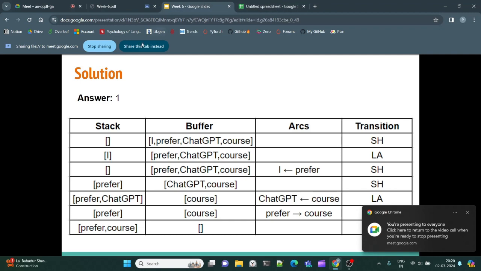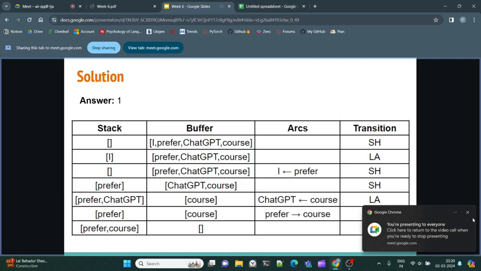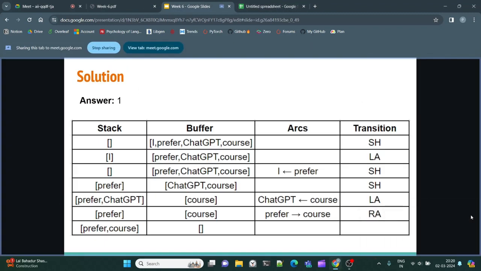And when we are saying left arc, right arc, we can see the reference from the top of the buffer to the top of the stack, right? Yes. So when we said this is a left arc from row 1 to the 5th row, we said it goes to ChatGPT as a left arc.